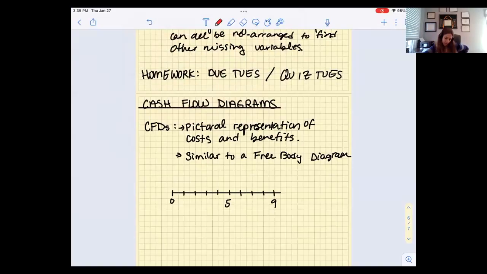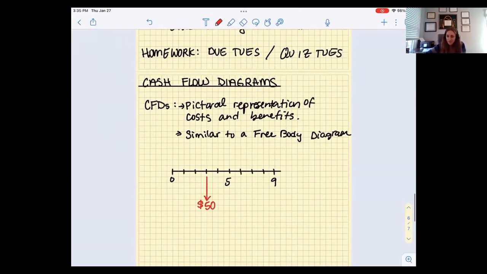So you would go to year 3 and draw an arrow down and label it $50. I like to color code it, but you don't have to. For me, it's nice because red is bad, green is good. So $50 is representing a cost at year 3.